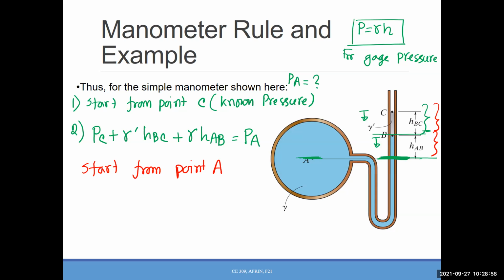Start from point A, find the next interface. If that interface is above the previous point, you need to subtract. If it's below the previous point, you need to add. Then finally, you stop once you touch every point on this diagram. No matter what point you are starting from, you should get the same expression.